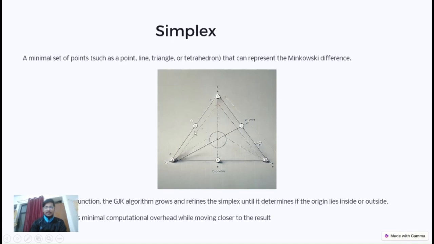Now, if the origin lies inside this triangle area, then we say that these two shapes are really colliding, and if the origin fails to lie in the area covered by this polygon, or triangle, then we say that these two objects are not colliding. So this is the use of the simplex.